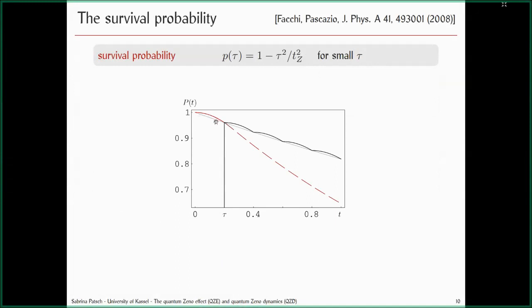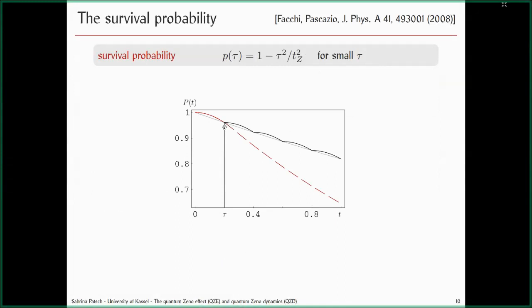If you would follow that line for a long time, we would have this curve here, which is indicated by the red dashed line. But what we do now is we measure the state before it has this exponential drop, we measure it here at this point, and after measuring, we reset the survival probability, because when we measure the system, we know that it's still in its initial state, which means we should start anew.